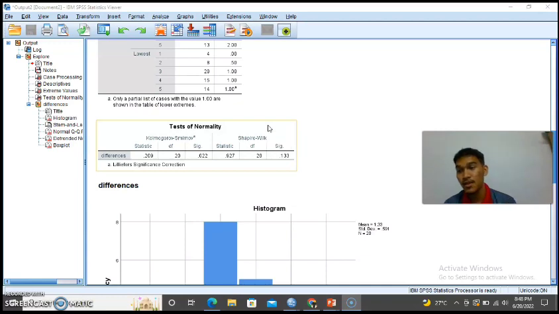As we can see, significance is larger than 0.05. The distribution is normal, so we can proceed to the paired t-test.